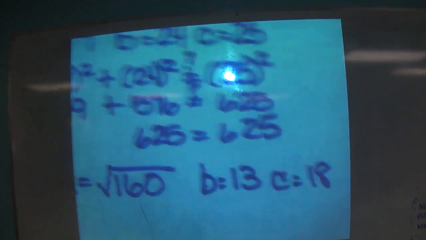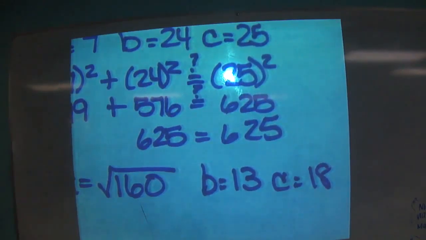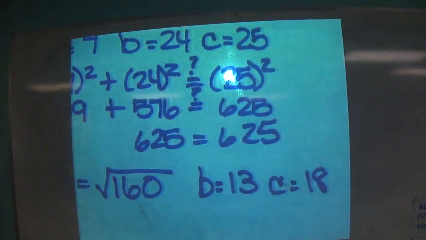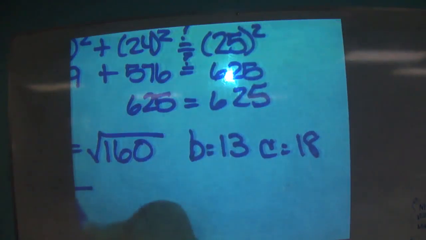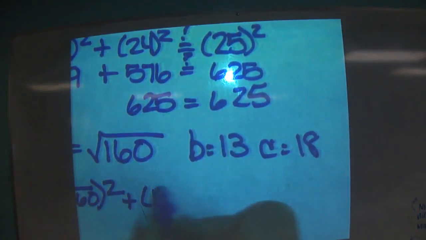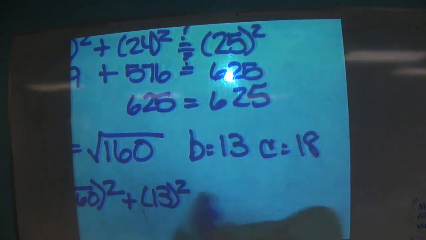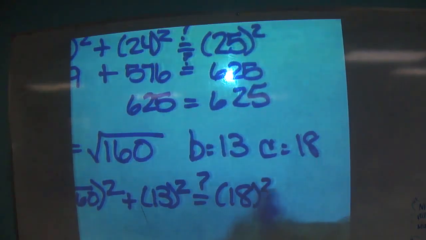Let's see if we can make that work. Okay? So root 160 squared plus 13 squared, is that equal to 18 squared?